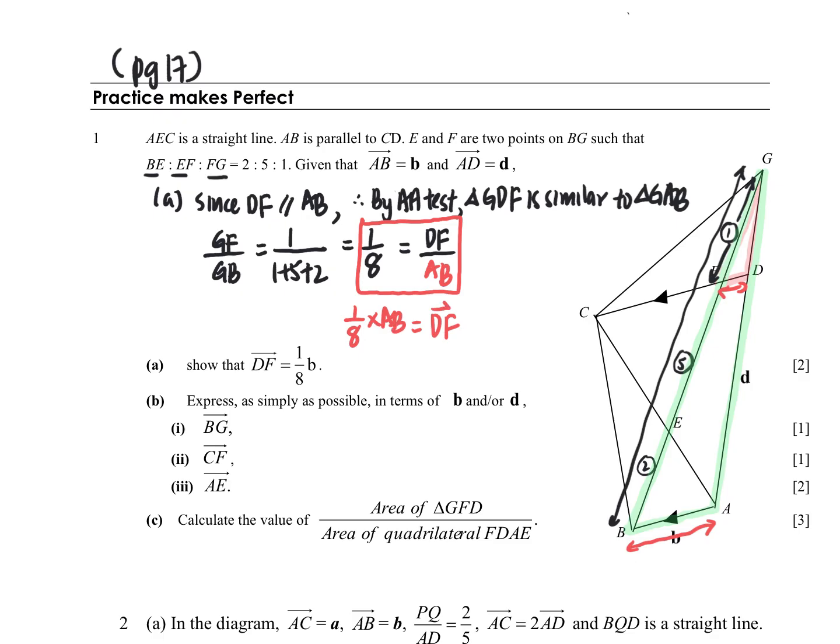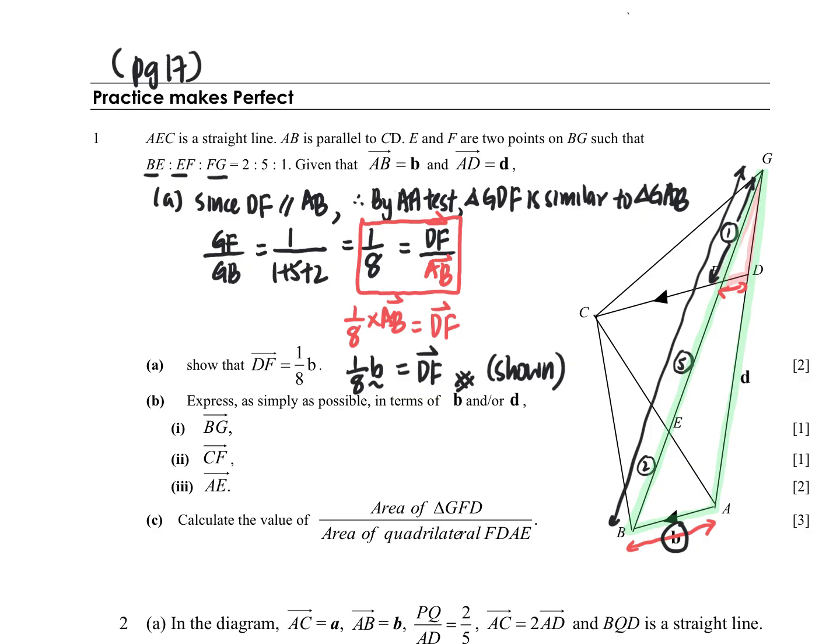You can always add in the vectors because they behave in the same way. So AB I already know is B, so just put in the B. So shown. All I know is the ratio is 1:8. It is always 1:8.